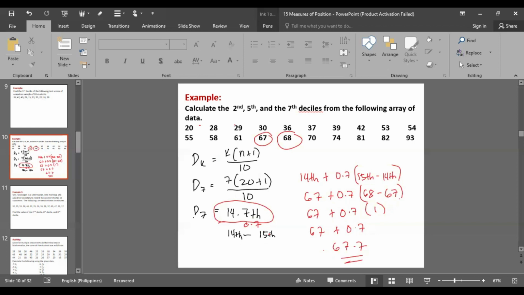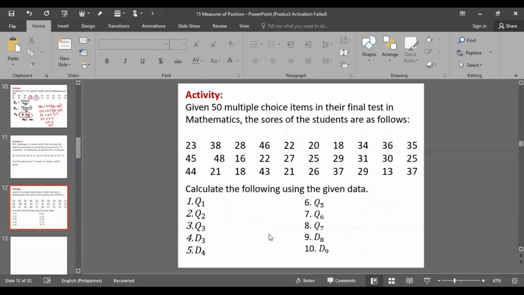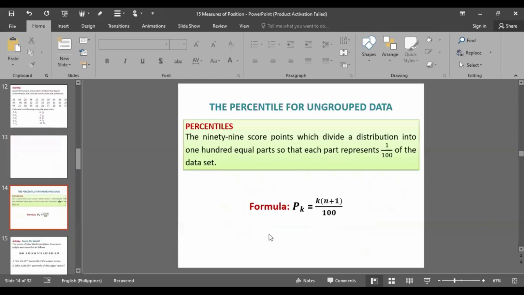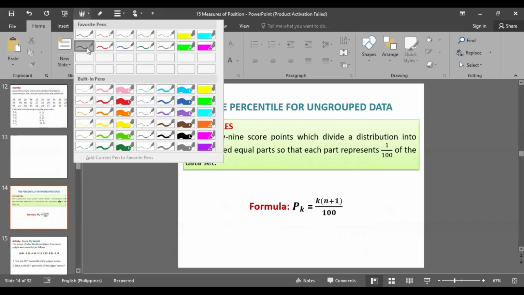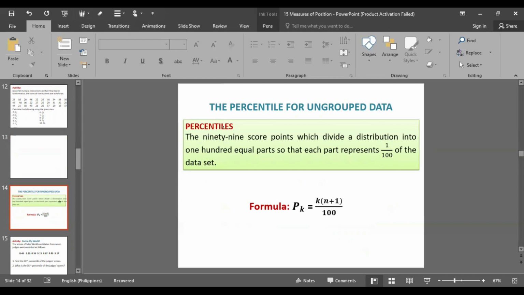So since parehas lang naman yung computations ng decile and percentiles, idiretso na natin sa percentiles yung discussion na ito. So let's come now to percentile for ungrouped data. Here, percentiles divide the distribution into 100 equal parts.